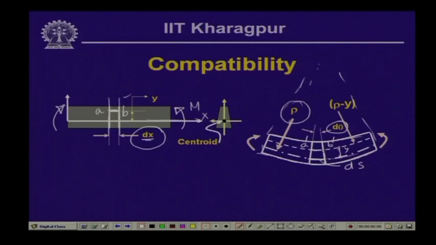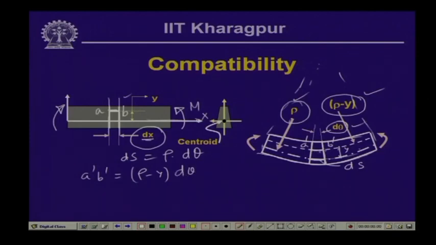Hence, the radius of this particular arc is equal to rho minus y. So, this is rho minus y. Now, this particular distance ds, from the radius rho and this angle d theta, we can write this as rho d theta, and the segmental distance A' B', we can write this as equal to (rho minus y) d theta.